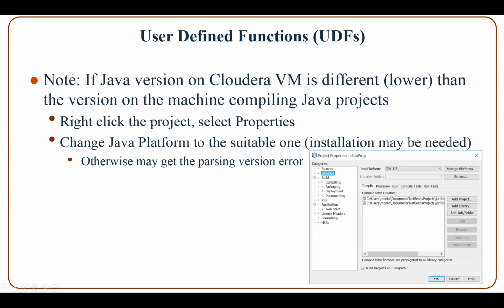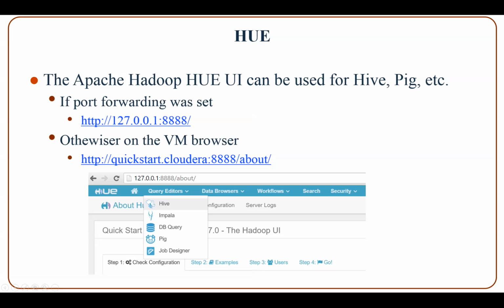And then change the Java platform. Normally on my computer I have Java platform 1.8, and here I have to change it back to JDK 1.7, so that later on I will not get the unsupported version error when Pig uses the UDF.